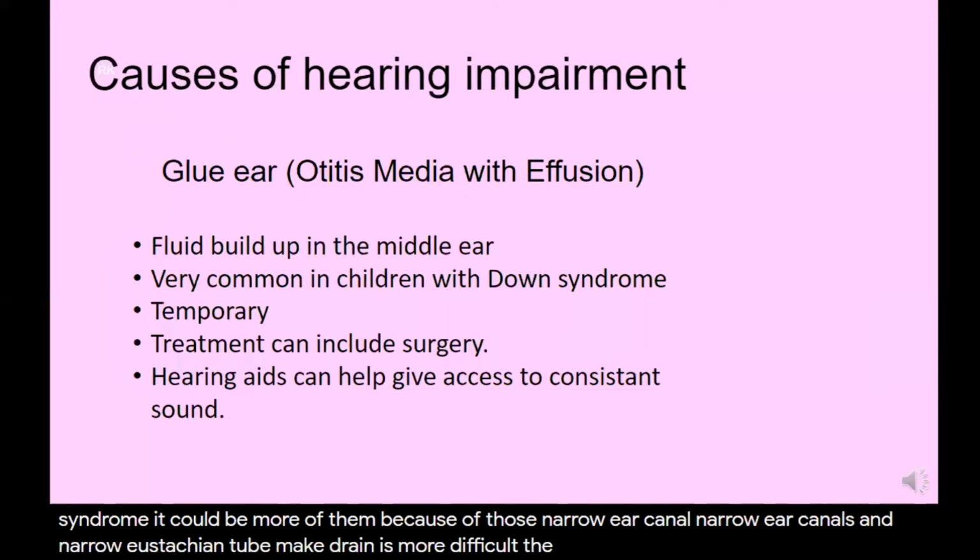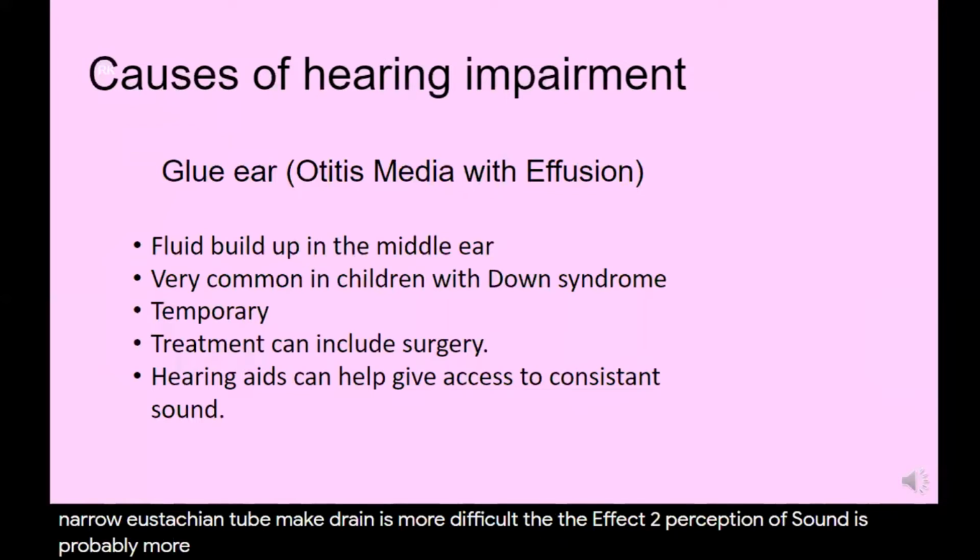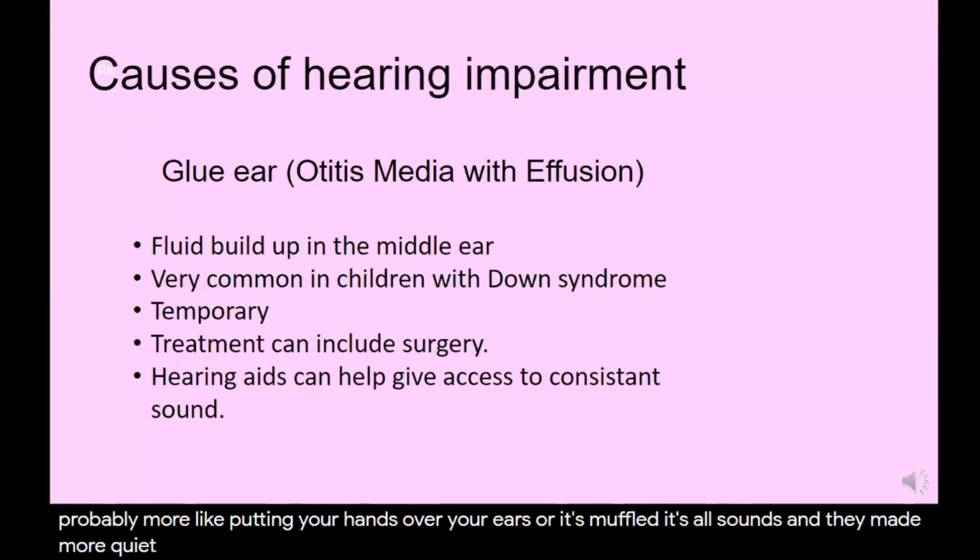The effect on perception of sound is probably more like putting your hands over your ears, or it's muffled. All sounds are made more quiet. But glue ear is not permanent, and it usually clears naturally.